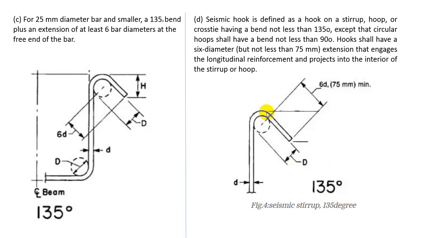But that bar extension shouldn't be less than 6D, I mean 6 times the bar diameter, and also a minimum of 75 millimeter. Suppose we are using 10 millimeter diameter bars, then 6D will be 60 millimeter, but it shouldn't be less than 75 millimeter. Okay, this is the condition.